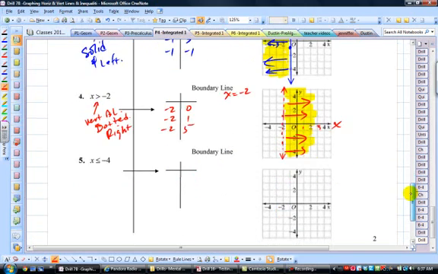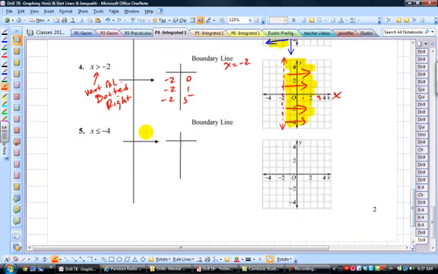All right, and the last one's similar to it, but it's the other way. So our boundary line is x equals negative 4. So negative 4, comma, let's say 1; negative 4, 0; negative 4, 3. You plot your points. Negative 4, 1 is here, negative 4, 0 is here, negative 4, 3 is here. It's vertical again. We already knew that though.